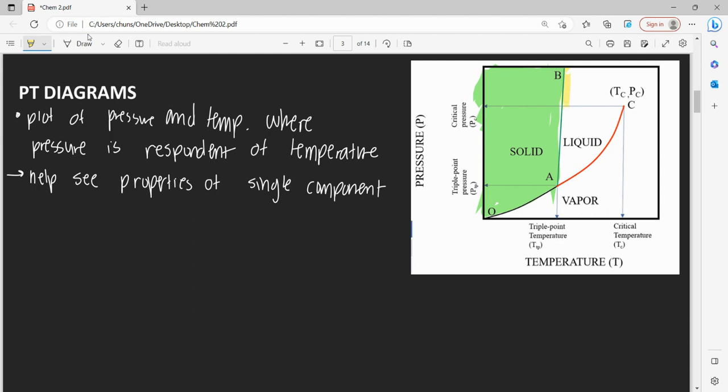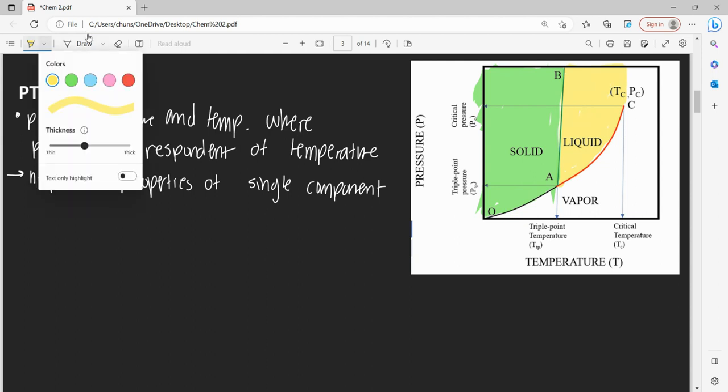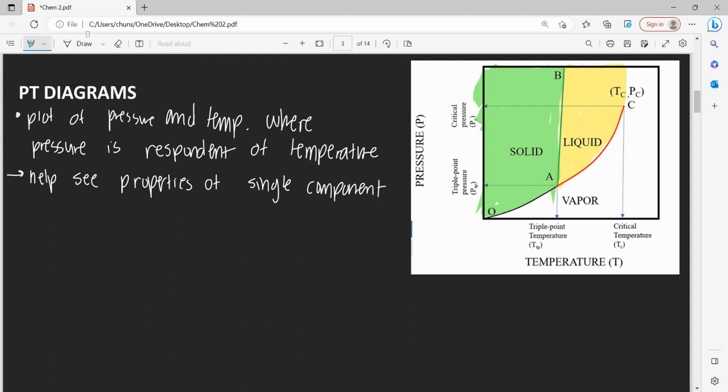And everything in this yellow highlighted region is a liquid. And everything under this curve is a vapor.